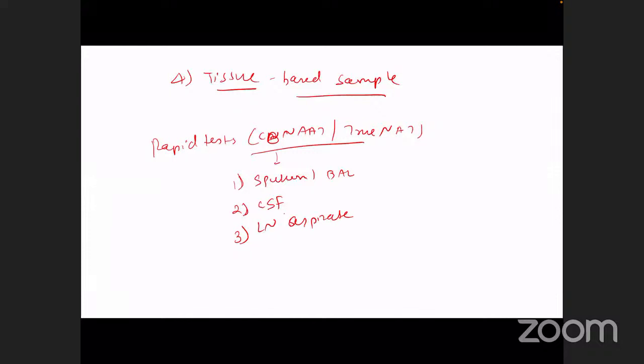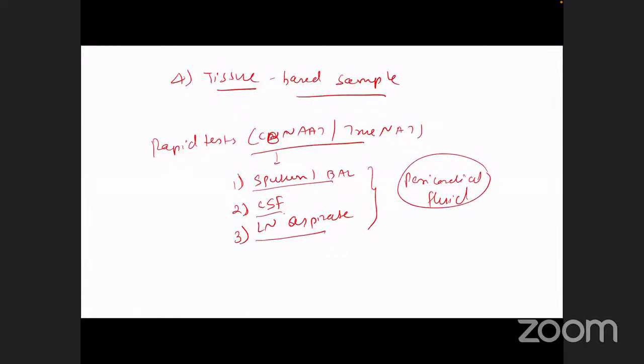So in general, as per the guidelines, only these 3 samples can be used upfront for CBNAAT, because smear is negative in the majority of patients. Even though it is not in the guidelines, if somebody asks you which fluid out of pericardial, pleural, and ascitic is most likely to yield something on rapid test or smear, you have to say pericardial fluid, but not as per the guidelines. So you may occasionally want to use CBNAAT for pericardial fluid for diagnosis of pericardial effusion caused by tuberculosis. I hope this is very clear.